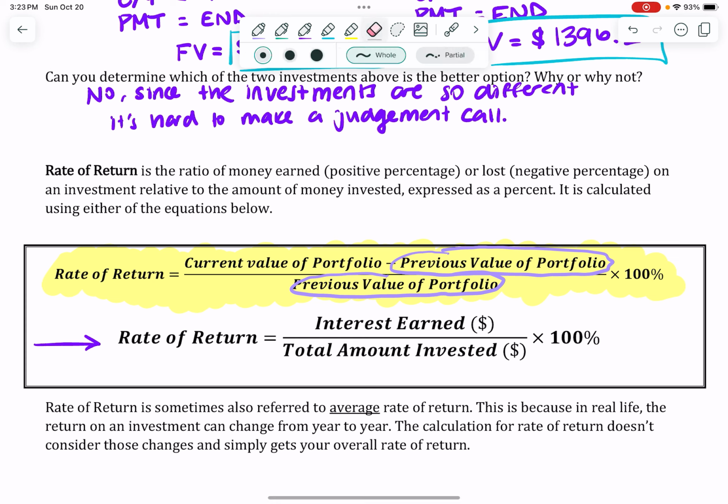Now, if we look at this differently worded version, previous value of portfolio means the exact same thing as the total amount of money that we have invested. Okay? So, when we take a look at the total amount of money that we have invested, that could be pretty simplistic if I only invested once, right?